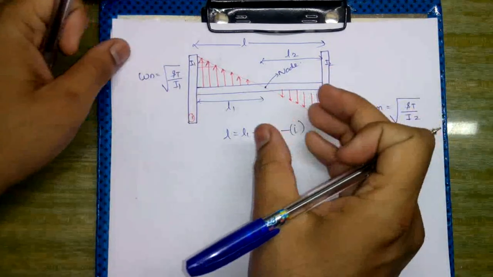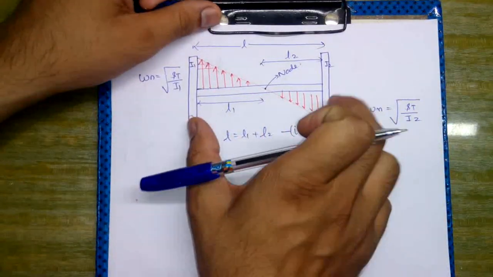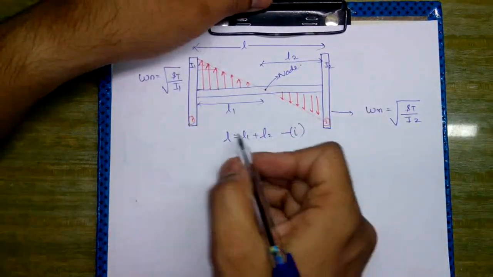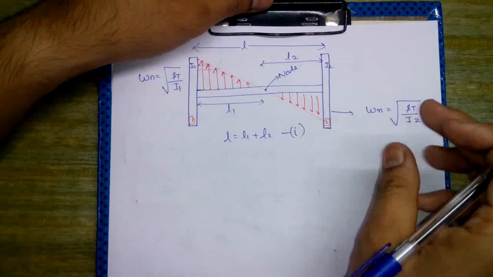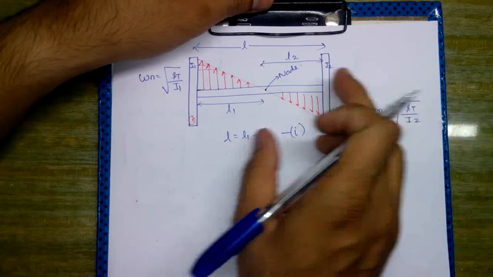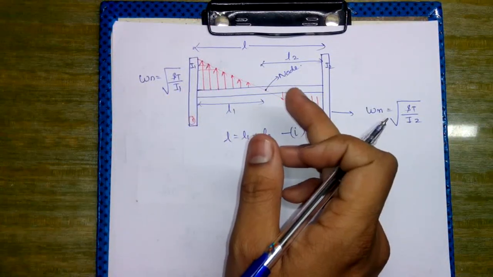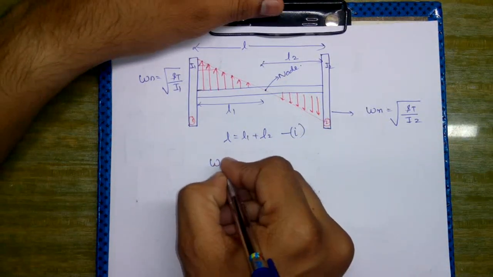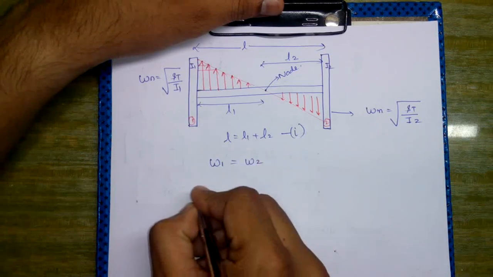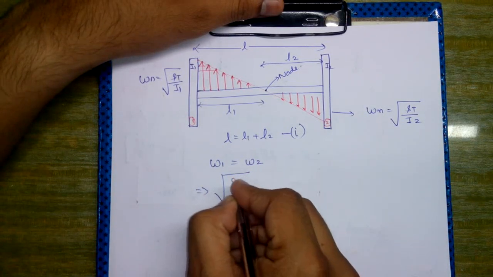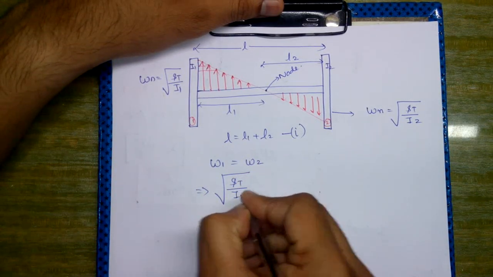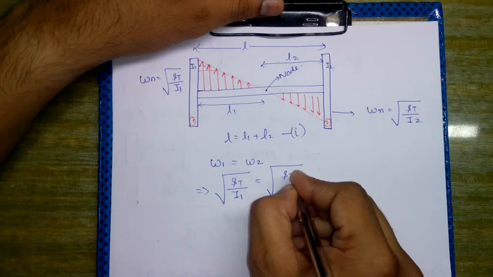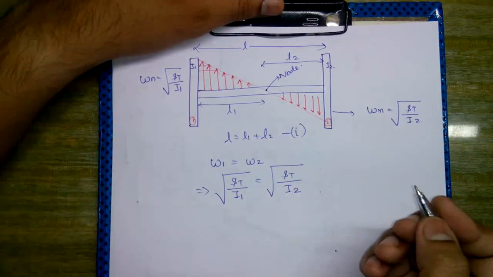Okay, so there will be two corresponding omegas relating to these rotors. And one more thing, omega for this would be equal to omega for this, because they are acting as one system. So omega of 1 is equal to omega of 2. It simply implies that under root st by I1 is equal to under root st by I2.